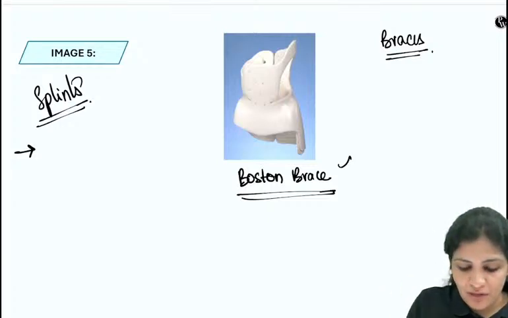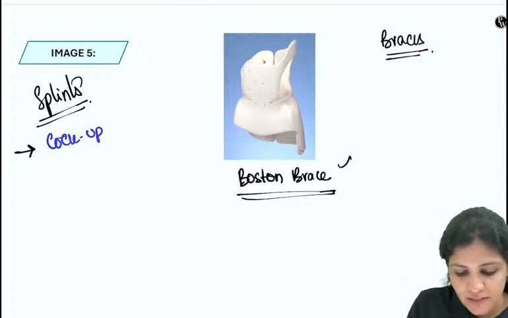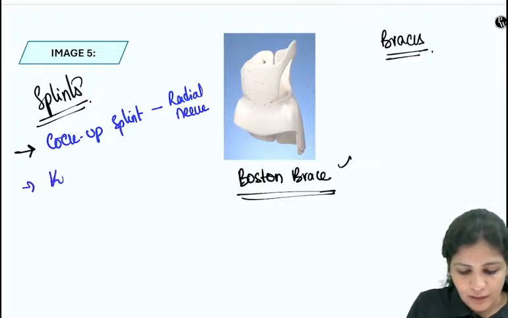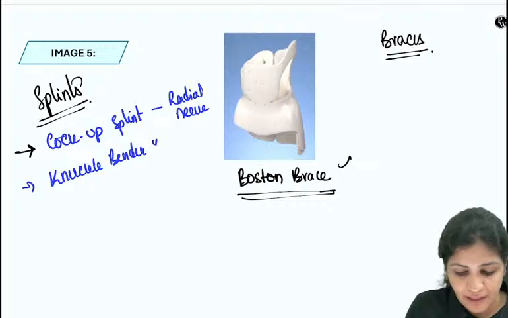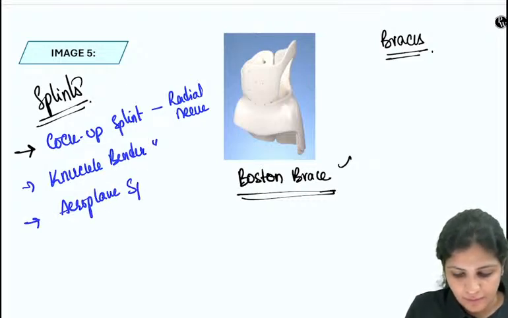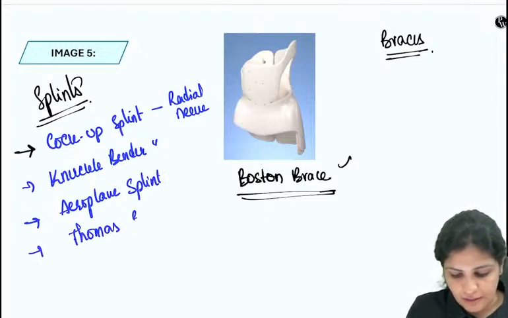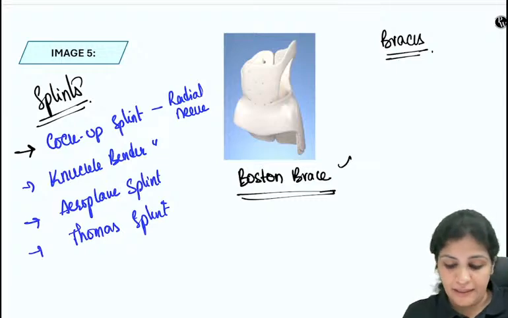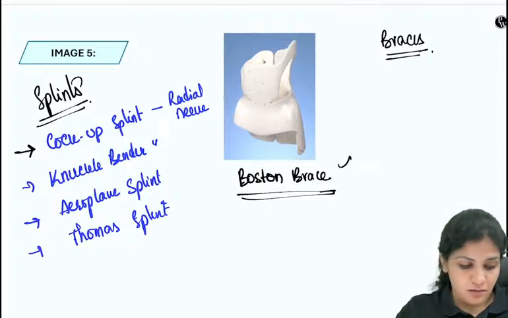Splints, what we have learned: one is your cock-up splint. Where do you use the cock-up splint? Faster. It is used for radial nerve, right? And then we have your knuckle bender splint, your aeroplane splint, and your Thomas splint. First answer for knuckle bender and aeroplane.